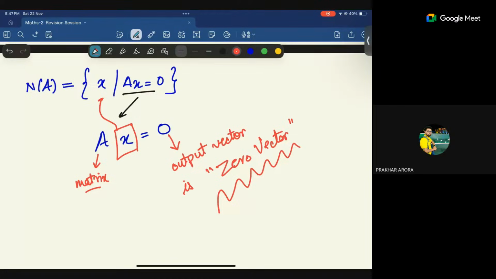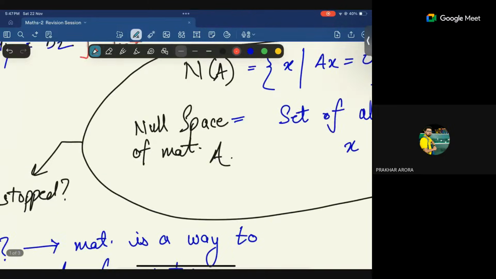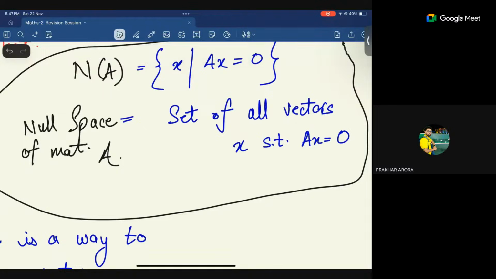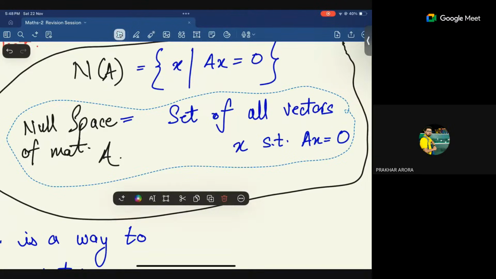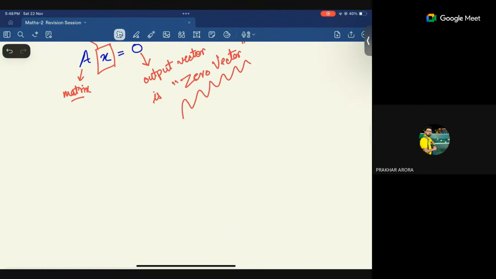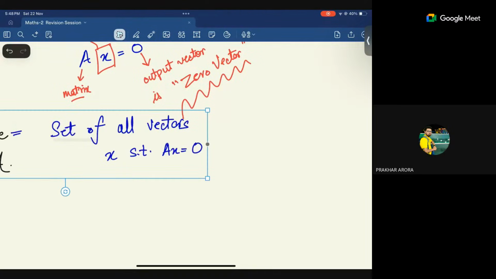Now I said here, if you remember, that null space is the set of all vectors x such that Ax is equal to 0. I am going to borrow this from here, and I will make one last change so that we can conclude our discussion on null spaces.